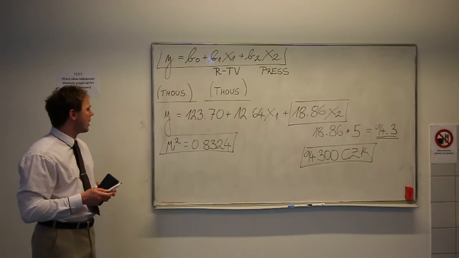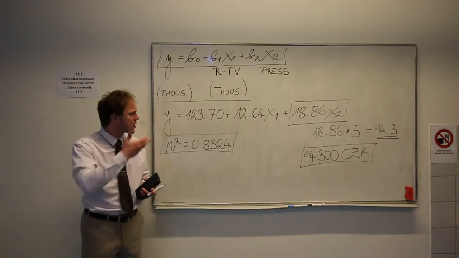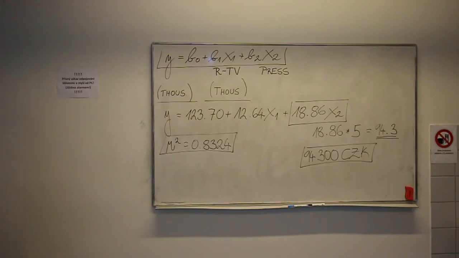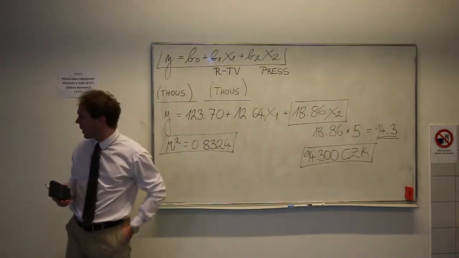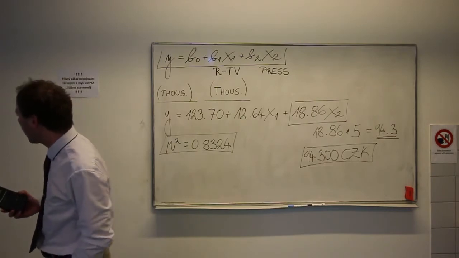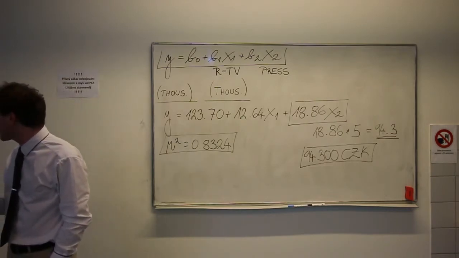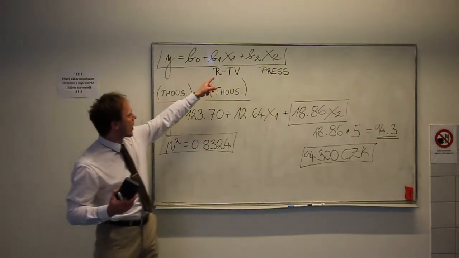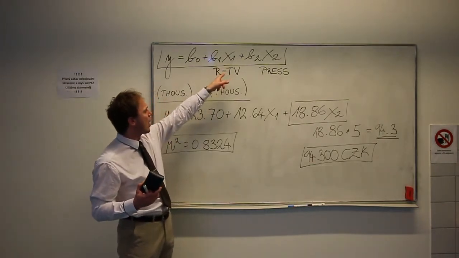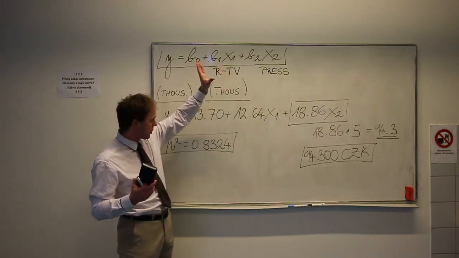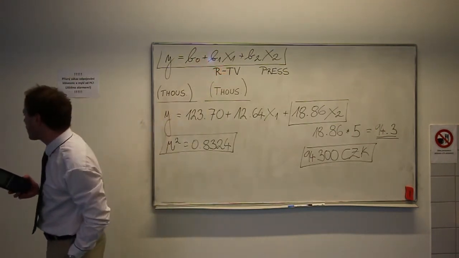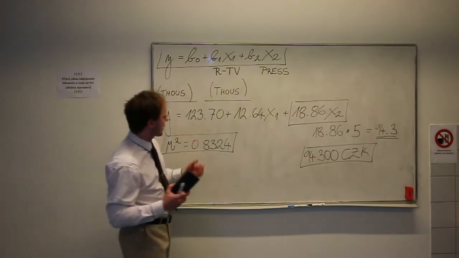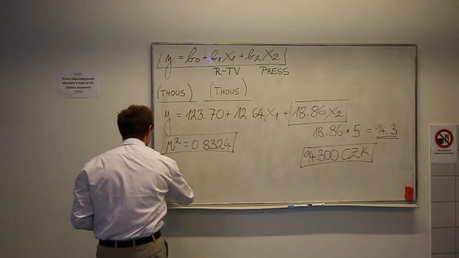And another expectation of sales: we can calculate, according to the model, the sales when 40,000 Czech crowns are spent on advertisement in radio and television, and 35,000 Czech crowns in press. So we must use this model.